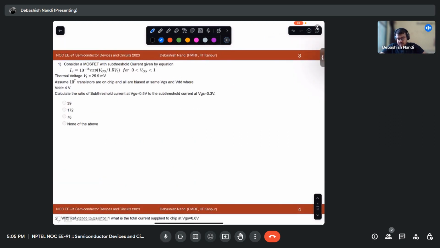Regarding the first question, it is asked: consider a MOSFET with subthreshold current given by this equation. So what do we mean by subthreshold? First, let's say I have a MOSFET. This is a bulk MOSFET.